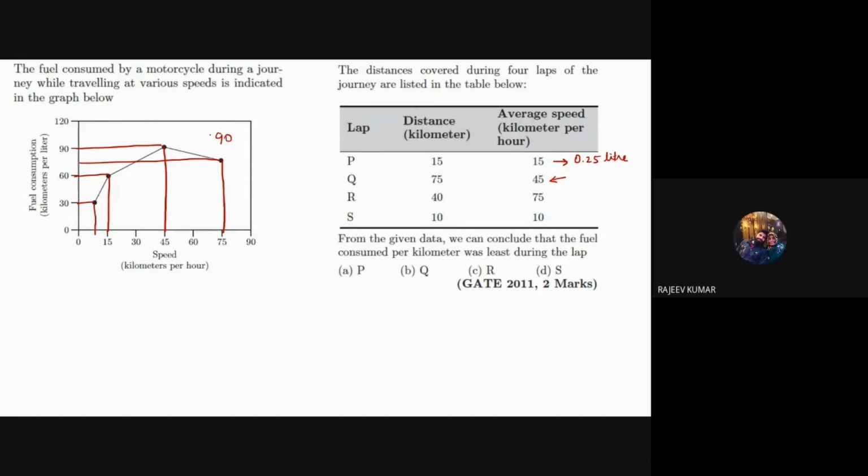If it can cover 90 kilometers per liter, and they have covered only 75 kilometers, it will be less than 1 liter. Yes, 0.83, somewhere near 0.83, 0.8333 like that.